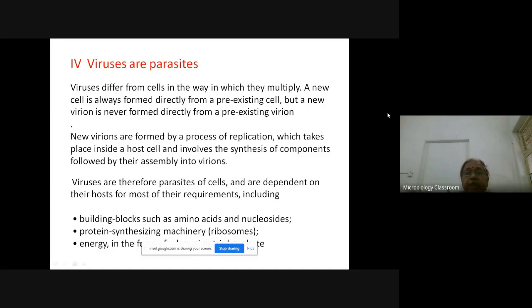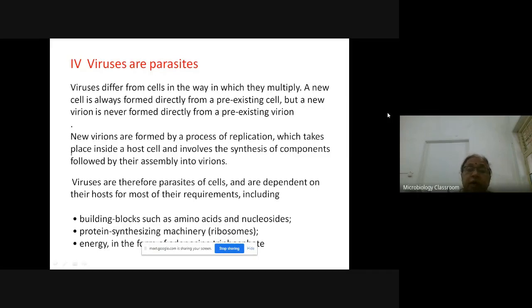Independently outside the cell, they are not in need of metabolic activities, not in need of energy, not in need of any type of enzymatic cellular activities. So outside the cell, they are dormant, we can say. But their existence, their reproduction, is dependent upon attacking various cells, which is a highly specific mechanism.